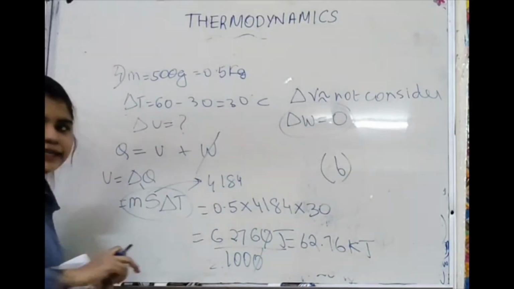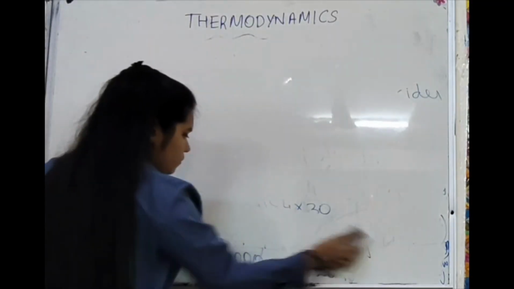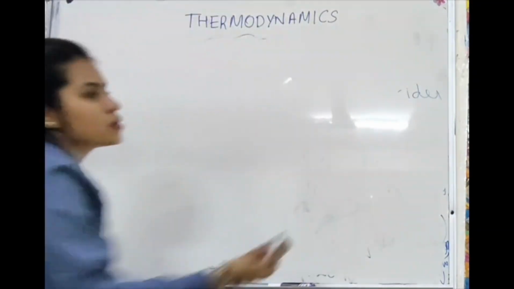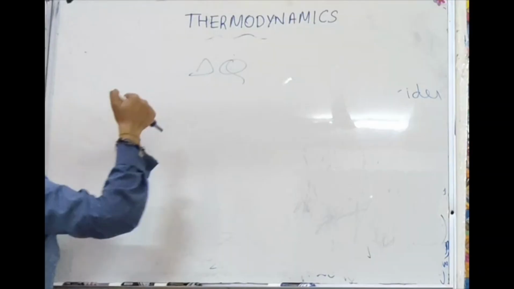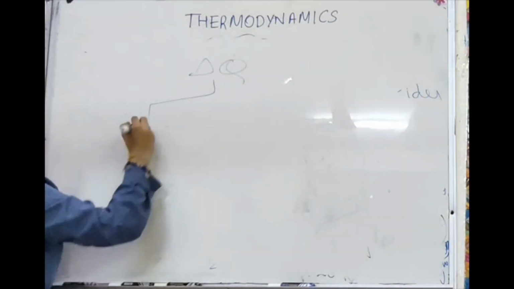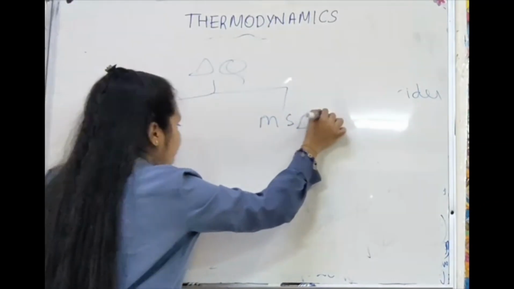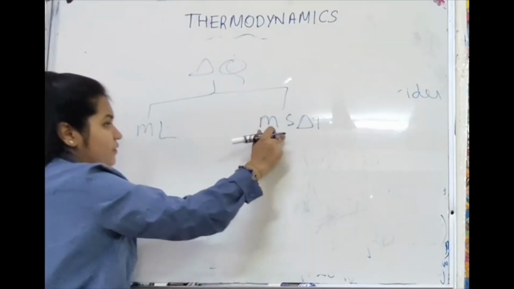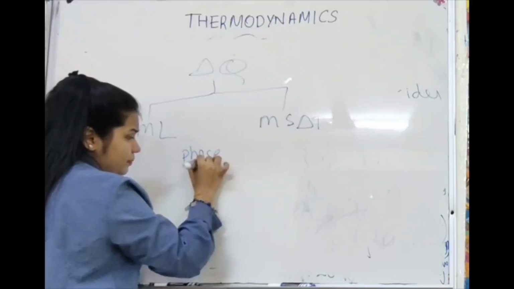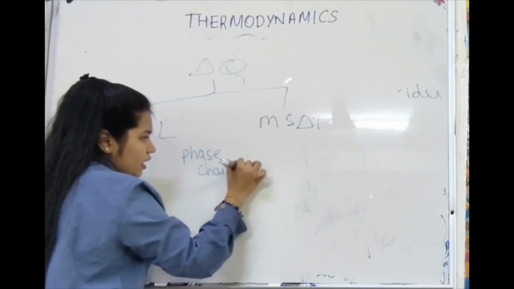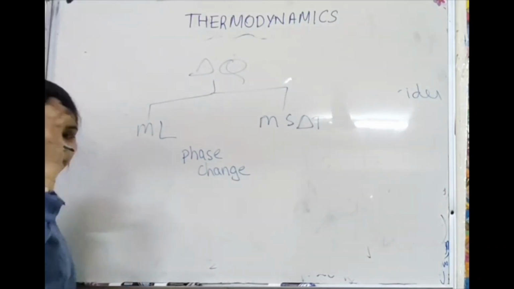Okay. So I guess you would have understood how to use this formula. And for delta Q, see, there can be two formulas, okay. ML and MS. This is latent heat, this is specific heat. If there is only phase change, if the ice is melting, if it is boiling, that is actually a phase change.